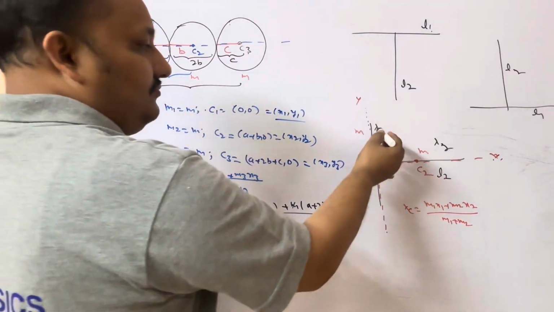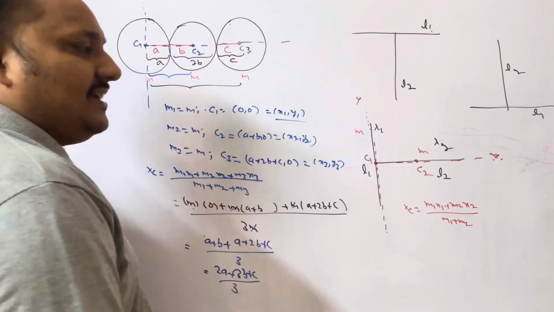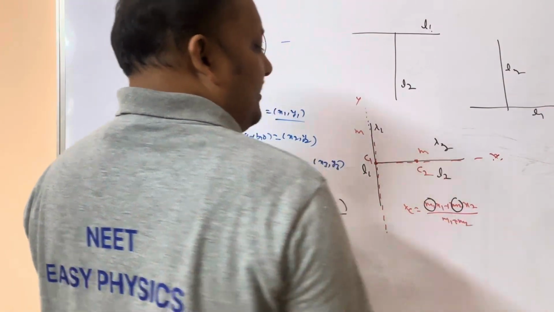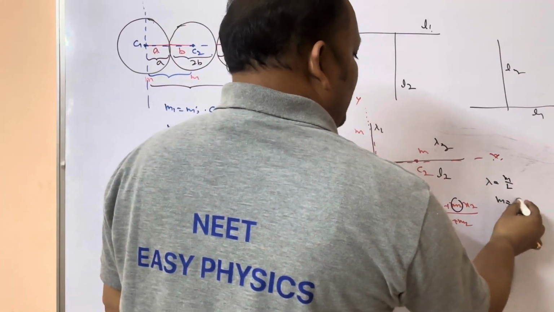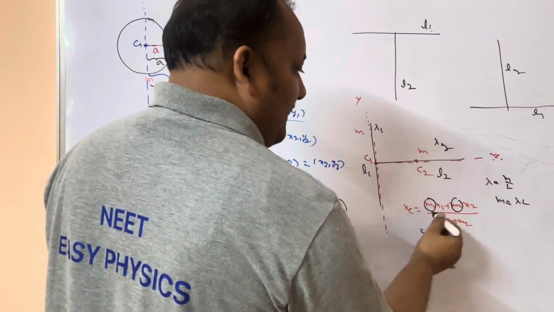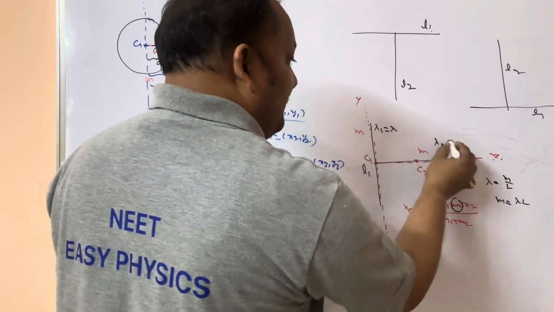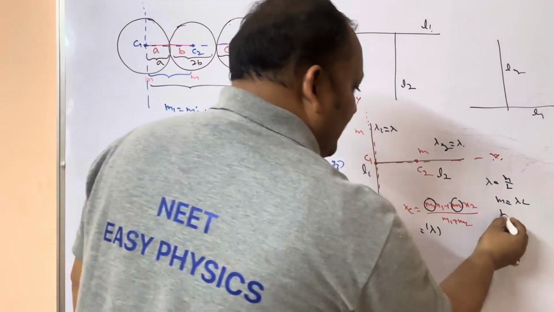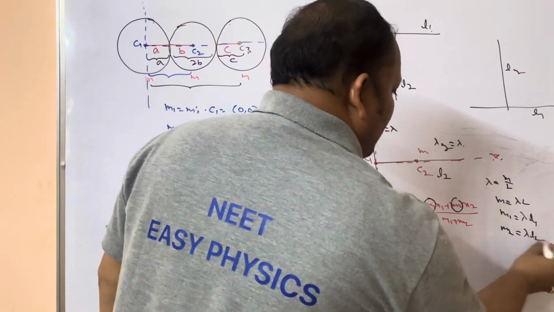Or both are made up of the same material, which means the lambdas are going to be the same. At that time, how are we going to substitute here? Lambda is equal to m by l, so m is equal to lambda l. So if both are made up of the same material with different lengths, m1 is equal to lambda l1, m2 is equal to lambda l2.